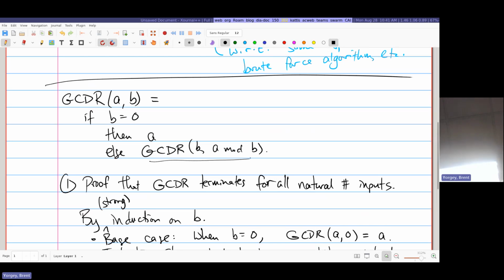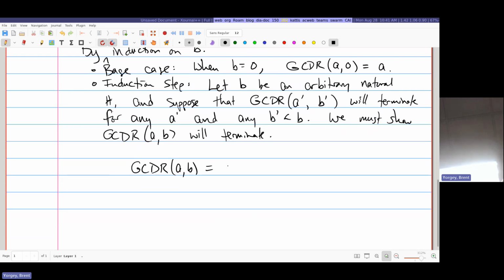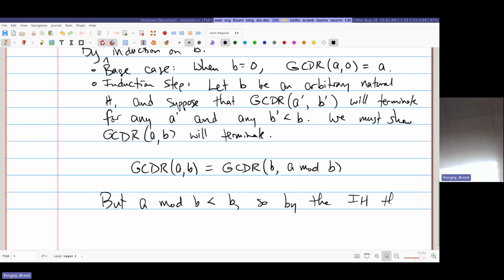So it's going to call itself with B, A mod B. Here's the key step, as we already mentioned: we know that A mod B is less than B. So by the induction hypothesis, this call to GCDR will terminate.